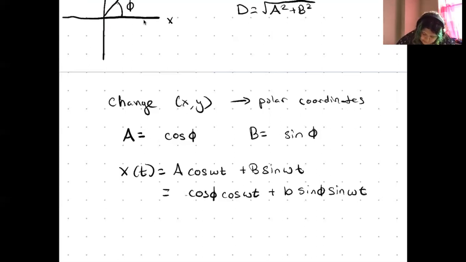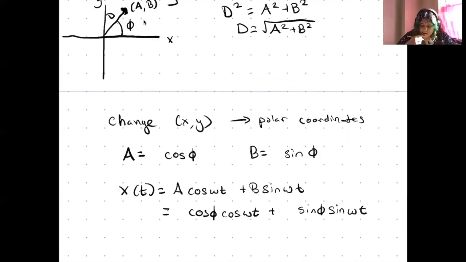These coefficients in front. So when we put it in our polar coordinate system, we have it in terms of the length of the vector, which is D, we said, and that angle that our vector takes. So I'm just going to go back and erase those other coordinates I had. I'm looking at my notes and I've switched some things around, so I just wrote down the wrong thing there.